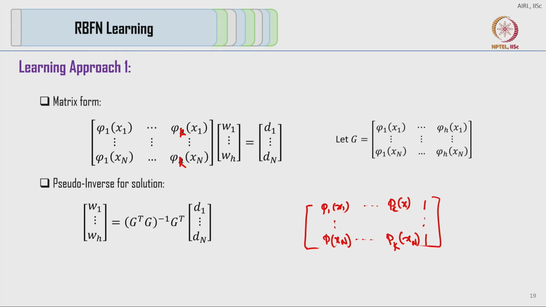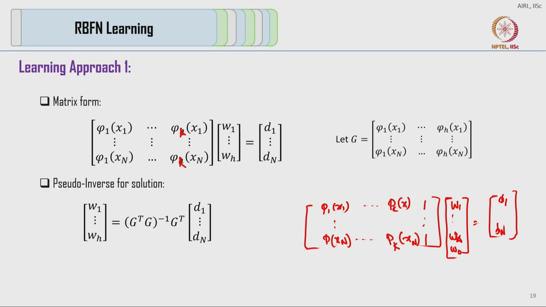This is your matrix. If you include the bias, you have W1 all the way to Wk and W0, which is equal to your D1 to Dn.